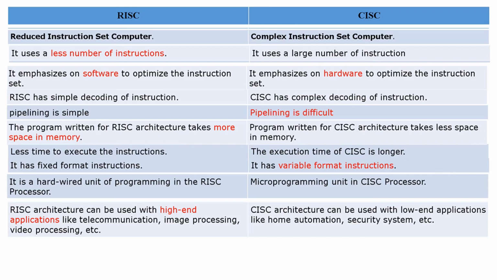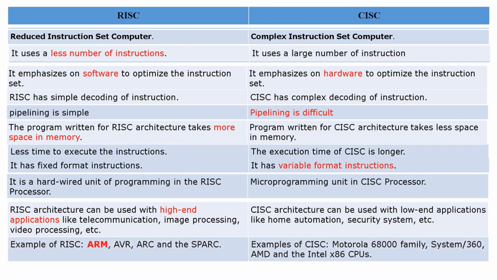If we need very high-end processing, more data has to be processed, and we need high performance and high accuracy, then we have to use a RISC-based architecture to process all that data. Examples of RISC: ARM, AVR, ARC, and SPARC. Examples of CISC: Motorola, AMD processors, and Intel processors. This is the common difference between RISC and CISC based architecture.